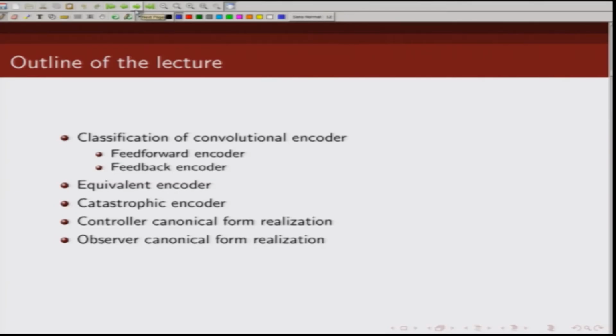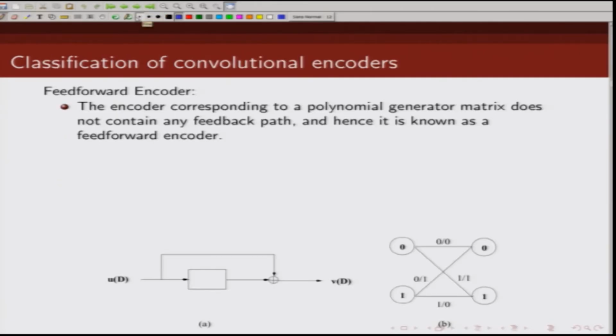The first one is known as controller canonical form realization, and the second one is known as observer canonical form realization. And finally, we are going to conclude this lecture with the concept of minimal encoder. So, let us start our discussion on classification of convolutional encoder.